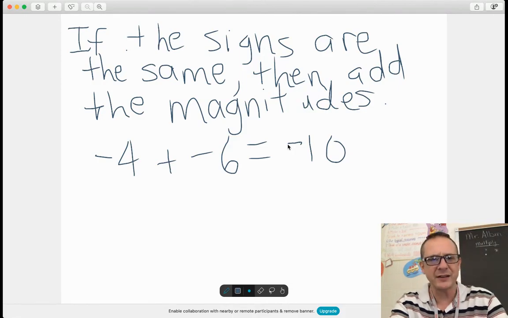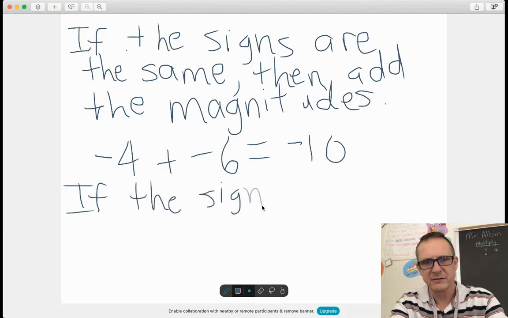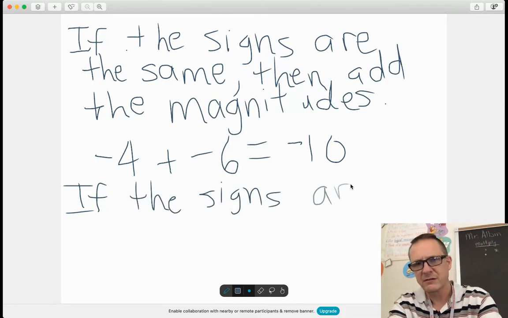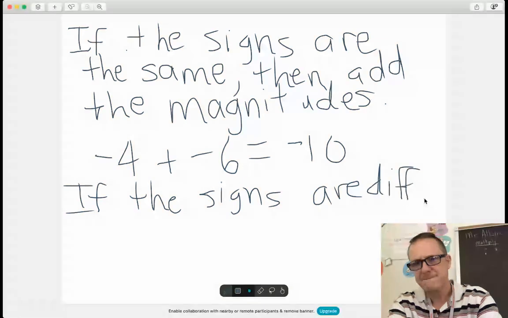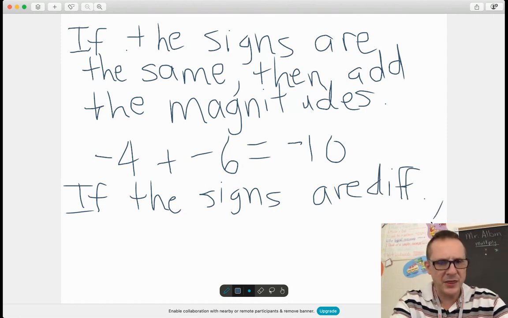If the signs are different, then we will subtract the magnitudes.